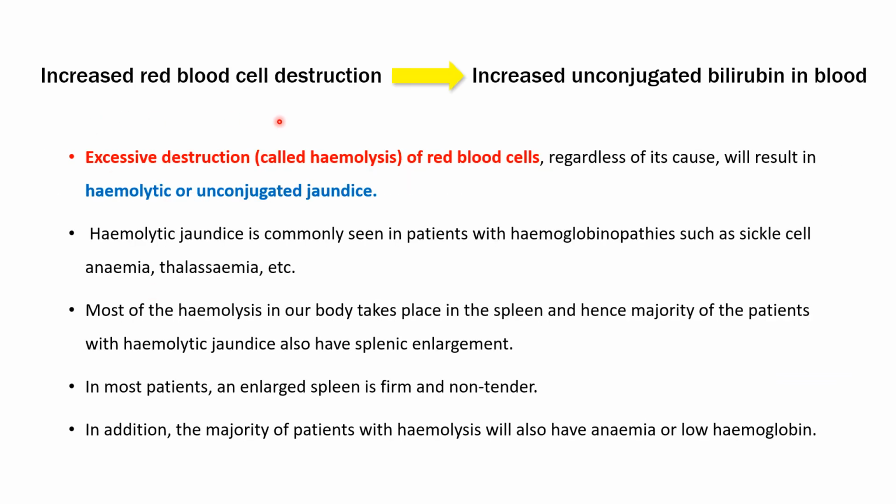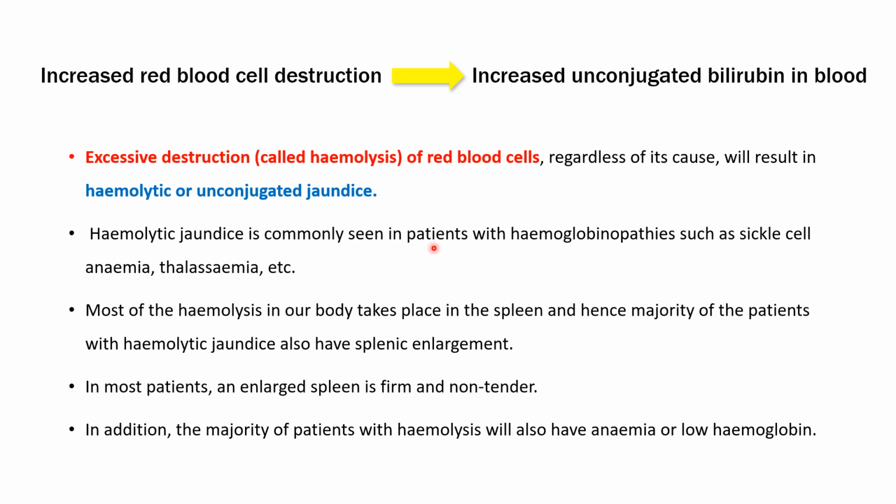Increased red blood cell destruction, that is hemolysis, results in increased unconjugated bilirubin in the blood. That is, excessive destruction of red blood cells, called hemolysis, regardless of its cause, will result in hemolytic or unconjugated jaundice.